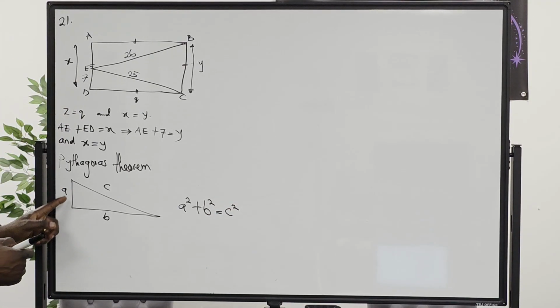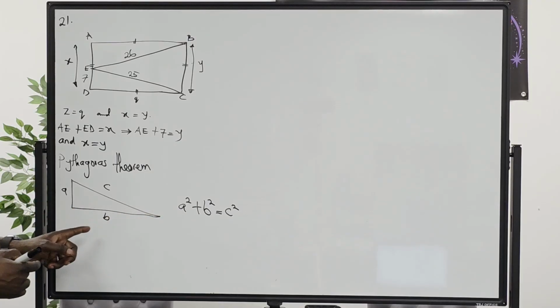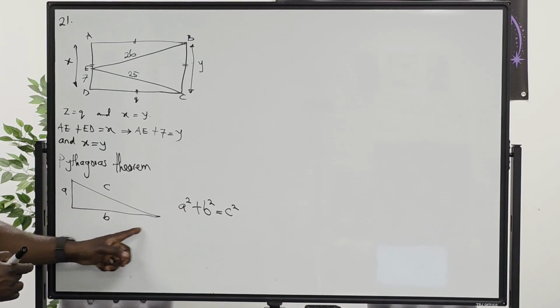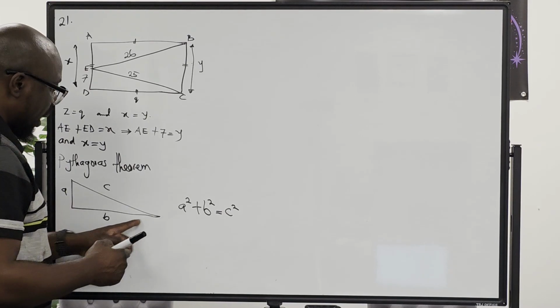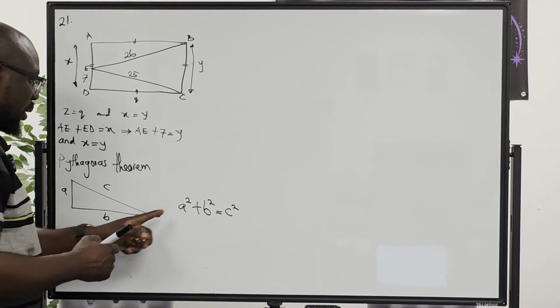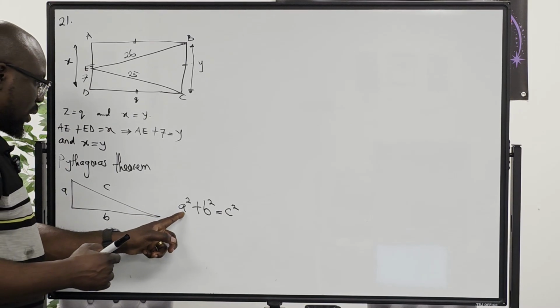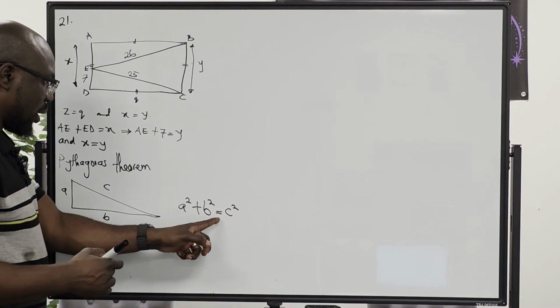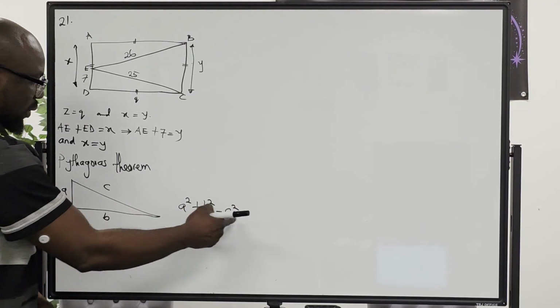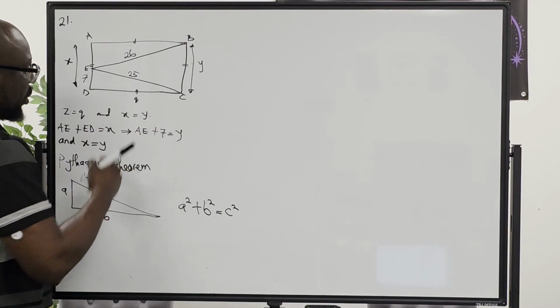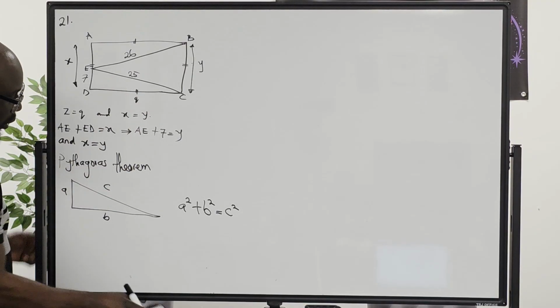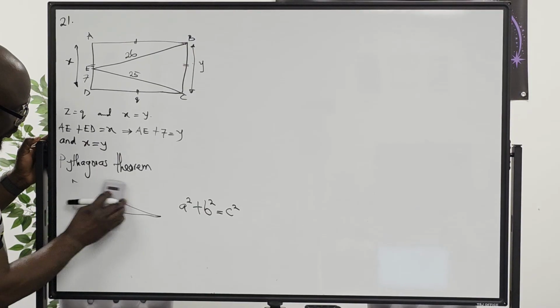So the short side, A squared, plus the base or height, B squared, is equal to the hypotenuse right here, C squared. So we can do the same thing for this triangle.